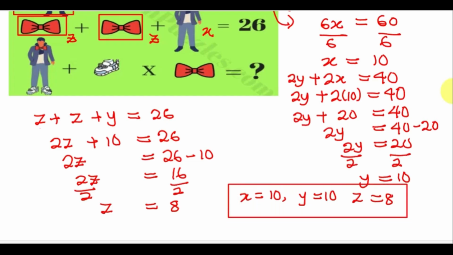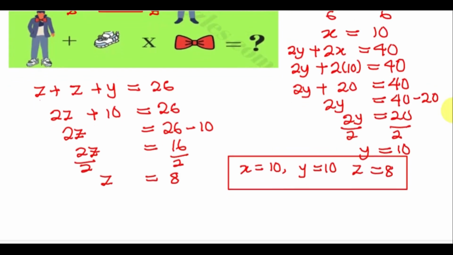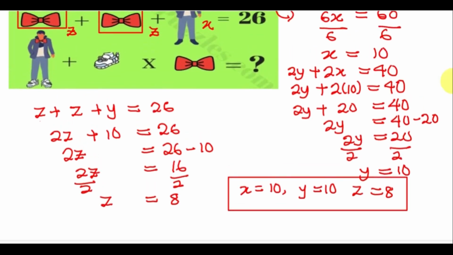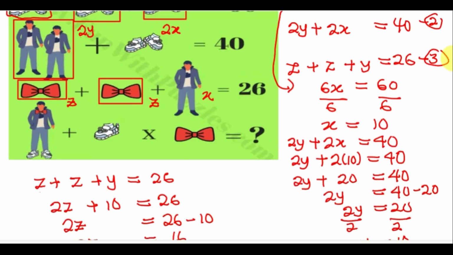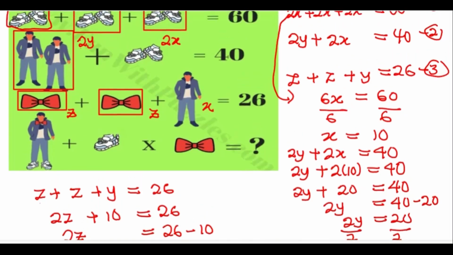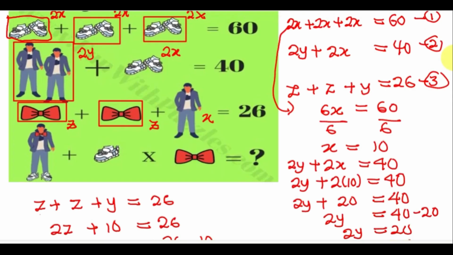Right, now let's come to the question. The question is about the man, so let's look at the man clearly. The man is wearing a bow tie with a pair of boots, plus one boot multiplied by a bow tie. The bow tie is z, the man is y, and the boot is x.